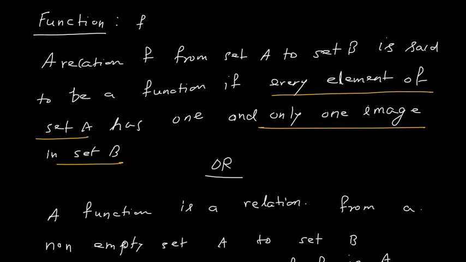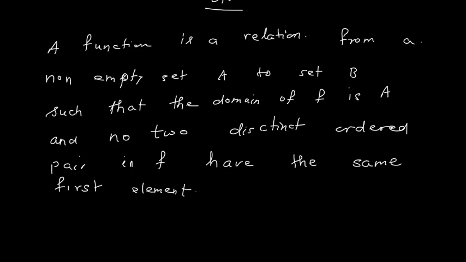So if your relation satisfies this condition, you will say this relation is a function. Or the other definition I have given, a function is a relation from set A to set B such that the domain of f is A. So the same thing, the domain of the function is set A, and no two distinct ordered pairs in the function have the same first element. So the first element should not repeat.